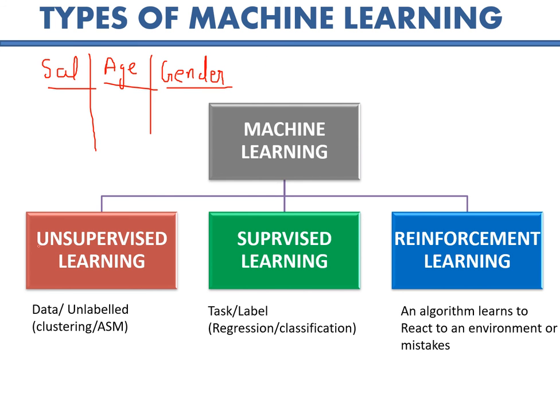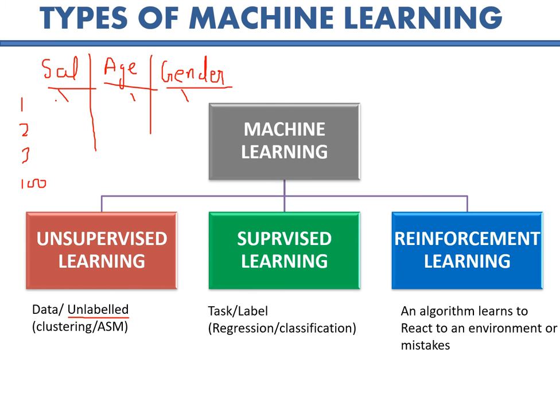So those things will be captured under unsupervised learning. And this type of data is known as unlabeled data, where we have the features, but we do not have any output. Okay. And when we have such data, we use unsupervised machine learning. Let's say I have 100 rows, 1, 2, 3, 4, and so on till 100.